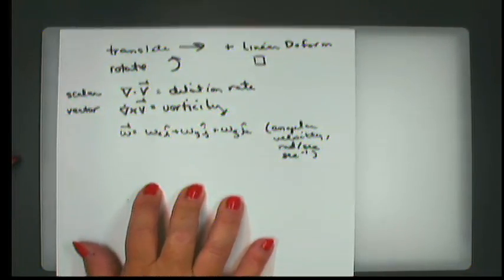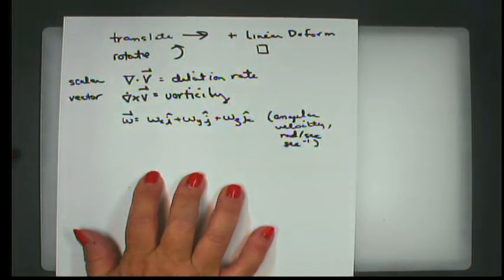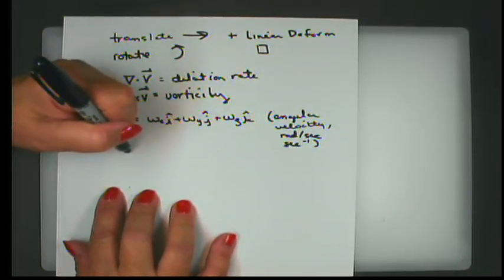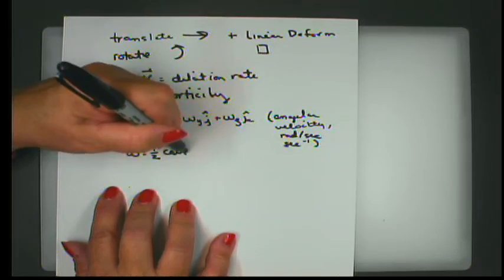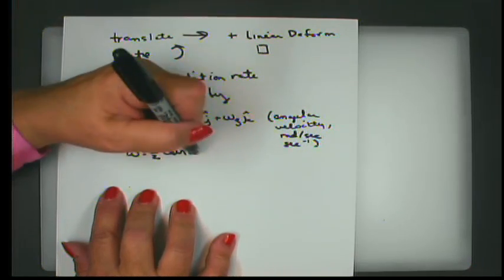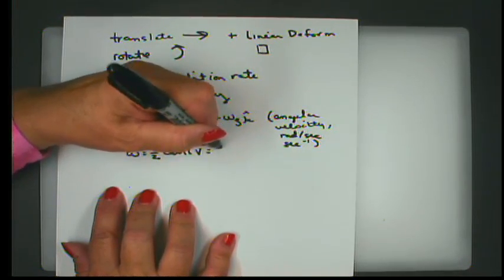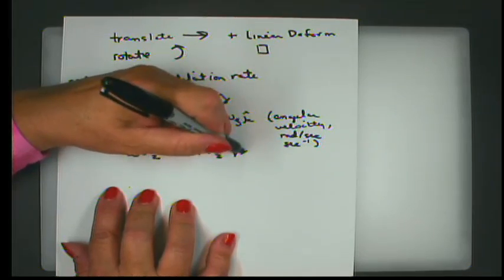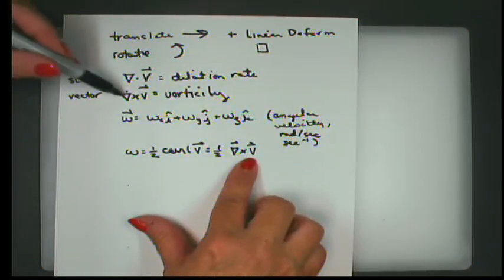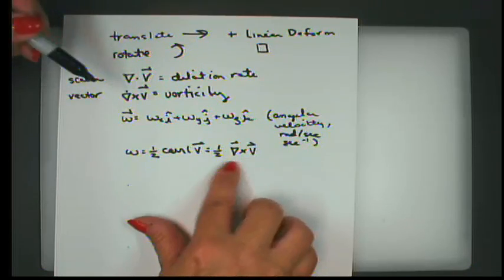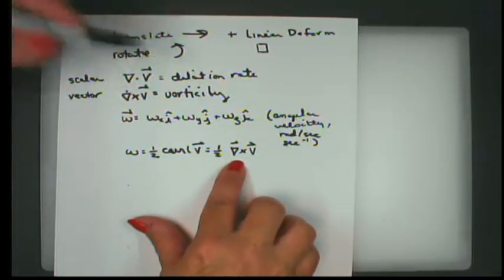Now, there's a little bit more math that goes into the idea that omega is equal to 1/2 of what's called the curl, C-U-R-L, of the velocity. And the curl just means what we've talked about so far, the gradient crossed with the velocity, which is referred to as the vorticity.